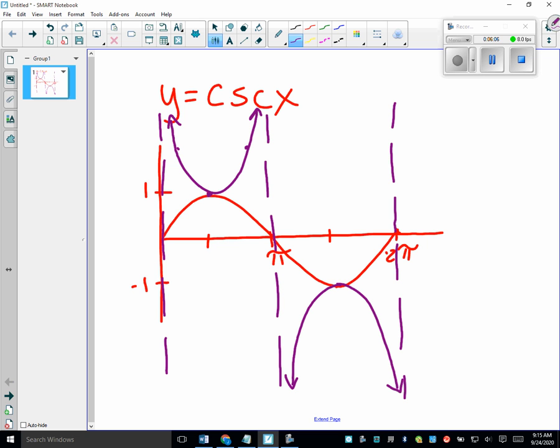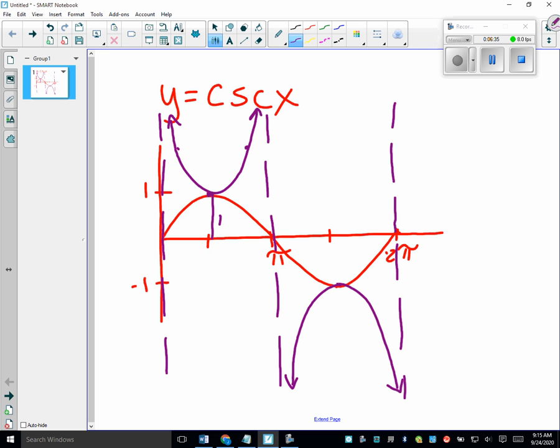All right? Now, would it keep going? Sure it would. What A is on the graph is how far we are from the x-axis. That's what the A is.